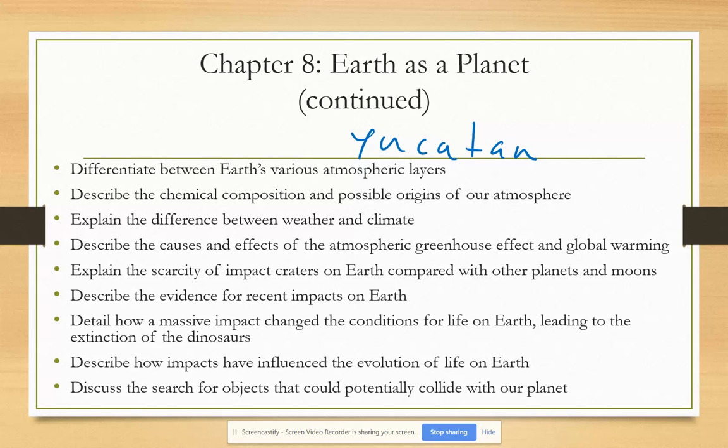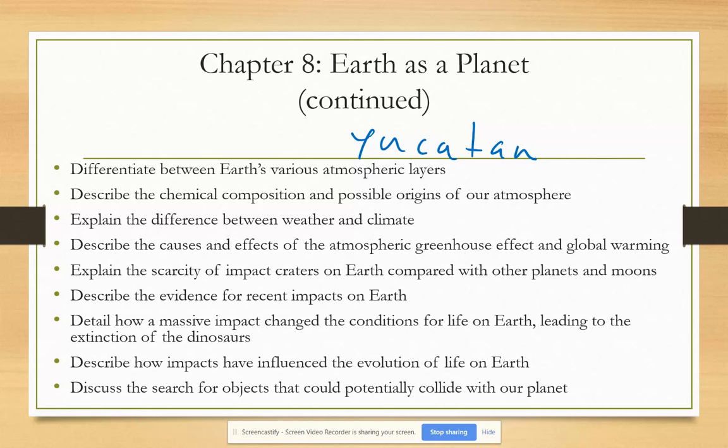The Chicxulub crater in Yucatan. That is on this list of things. That crater there, now it was only discovered in the last 30 years or less. It's believed to be the source of a major extinction event. There was a huge impact there that caused all kinds of debris to go up into the atmosphere.